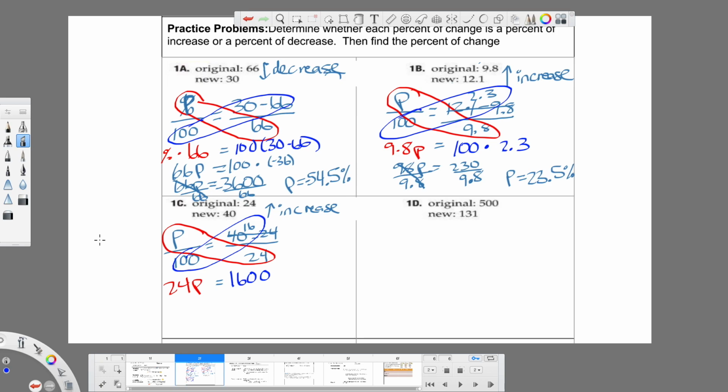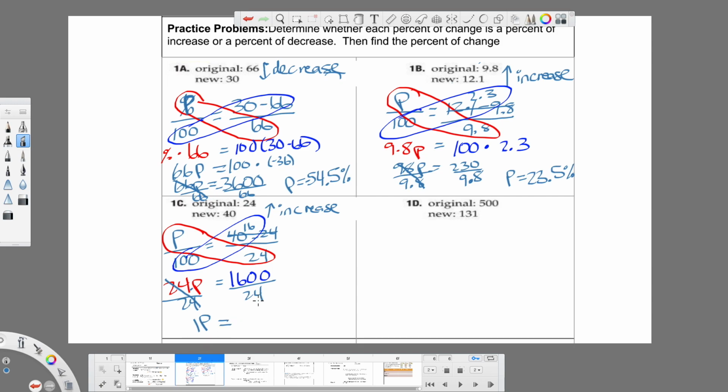All right, so we're going to solve this guy. So we're multiplying by 24. We're going to divide by 24 on both sides. 24 divided by 24 is 1, right? That cancels out, so p's by itself, it just comes down. Because we don't need to write 1p. I know I've said that before, but I haven't said it in this video. It's not wrong to write 1p, but you don't need it there.